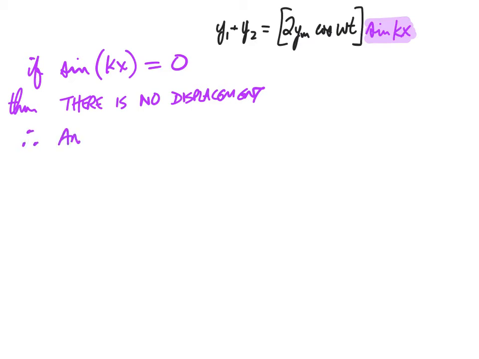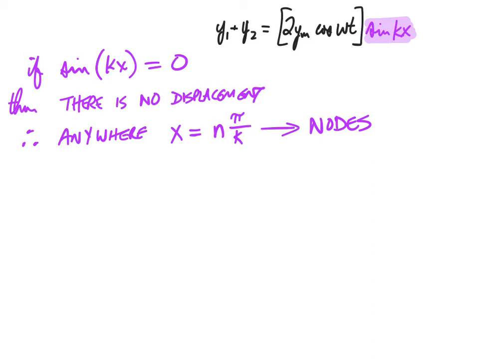Therefore, anywhere where your x value is some number of these, okay? These are nodes. So this is the complicated version of what we saw in the first part, okay? We could see the nodes in that one video.